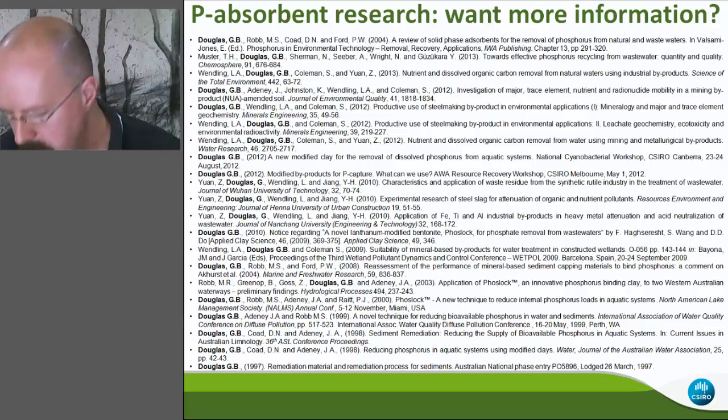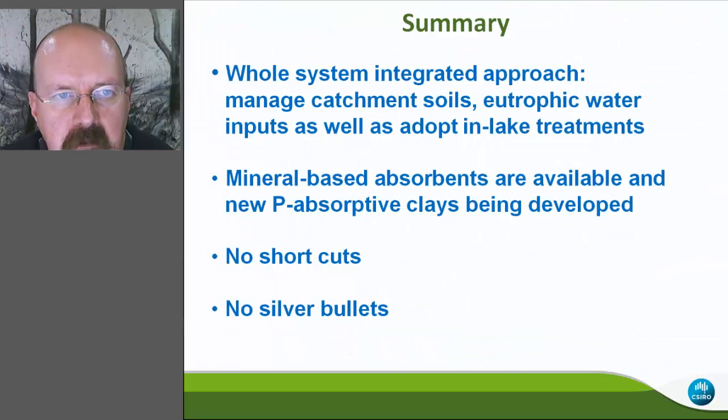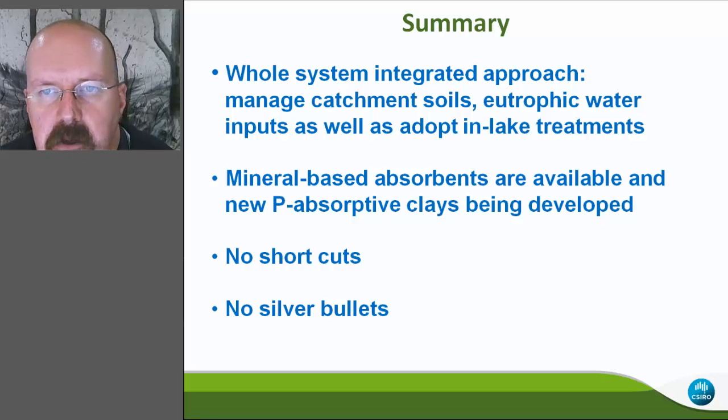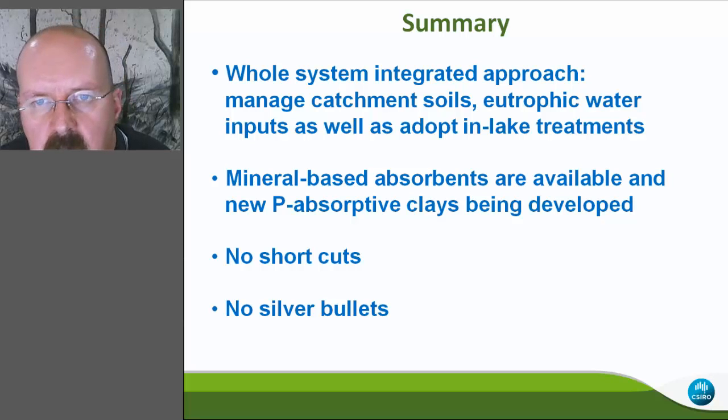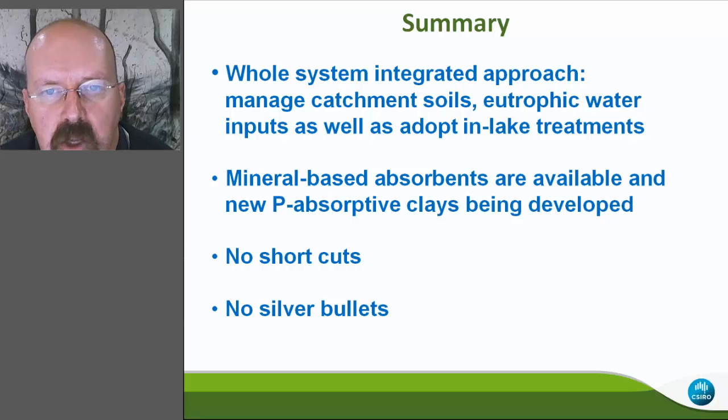And in summary, it's very important that we have a whole system integrated approach, as I alluded to earlier. So we want to try and manage P leaching from catchment soils. We also want P removal from eutrophic water inputs, but then we also adopt new and innovative in-lake treatments to manage phosphorus that is already contained within these systems.